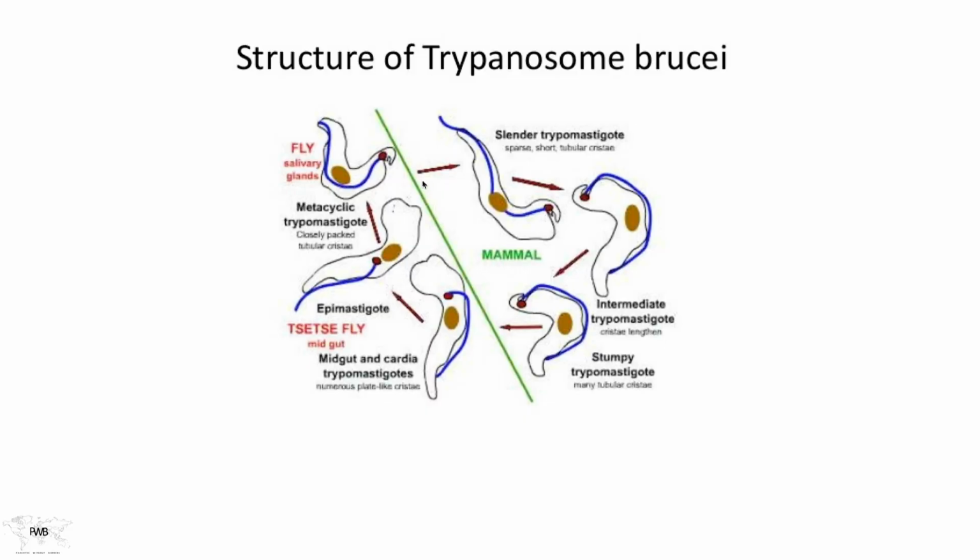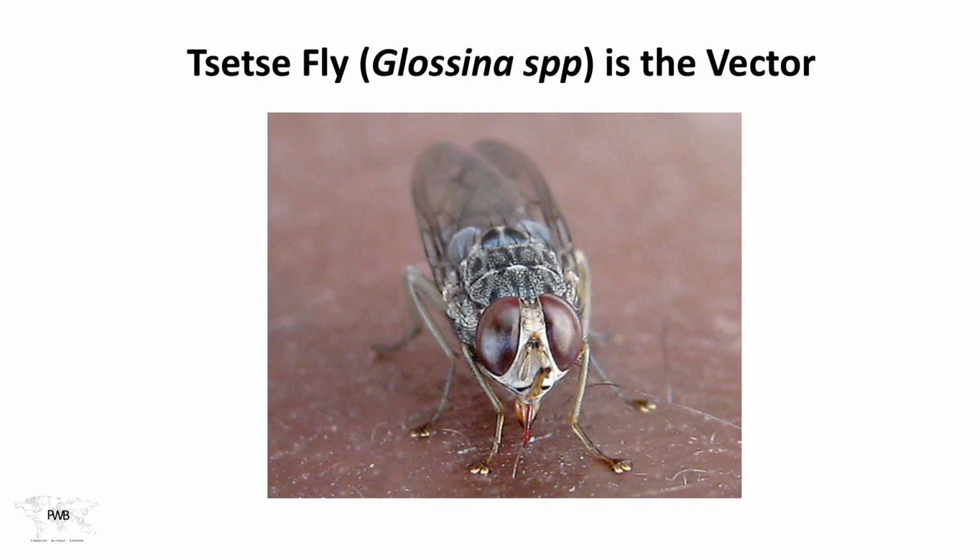And it's distinguished by the fact that the shape of the organism actually changes over time as it differentiates from one stage to the next. And then as it's taken up by the tsetse fly, it undergoes replication and differentiation into the infectious stage. And we'll see more about that in just a moment.